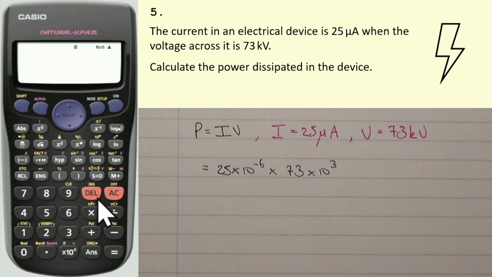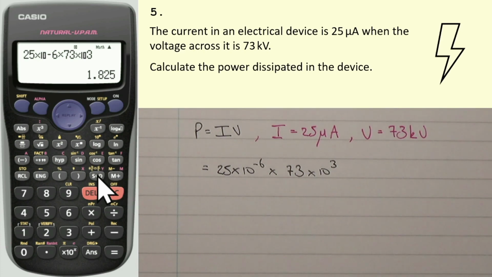So to enter that into the calculator, we'd have 25 times 10 to the power of negative 6 times 73 times 10 to the power of 3. That would give us this again, no fractions in National 5 Physics, 73 over 40. We press the SD button and we get 1.825.